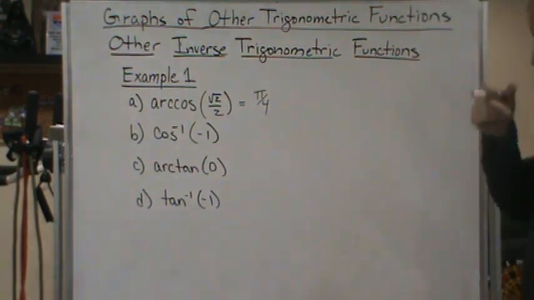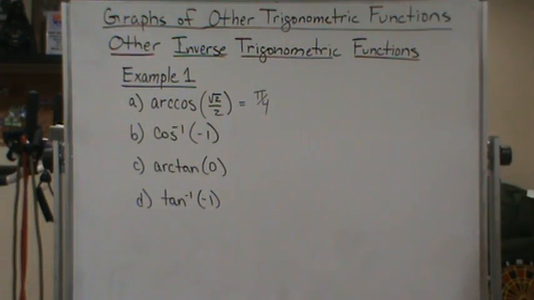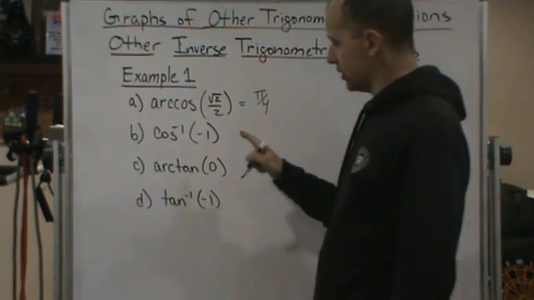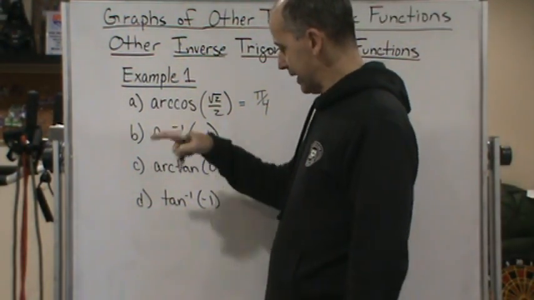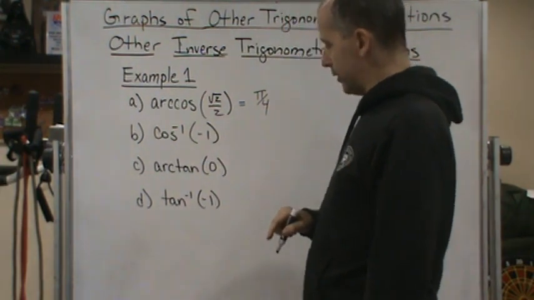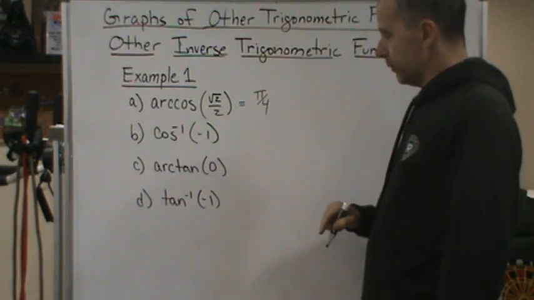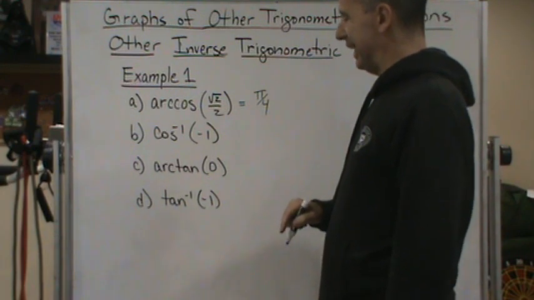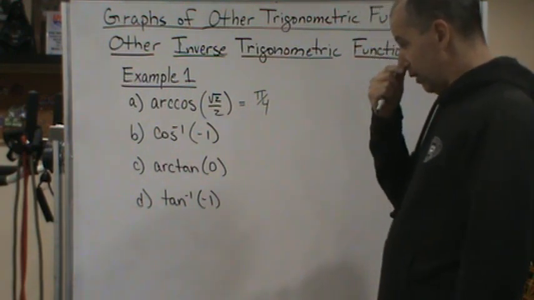So we're asking ourselves, the cosine of what angle gives us -1? Again, cosine is negative in the second quadrant, so that's where we're going to be. We're in the second quadrant, and we want 1. So the cosine of what angle will give us 1?